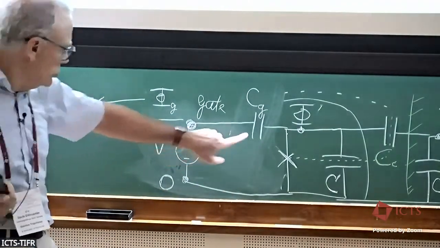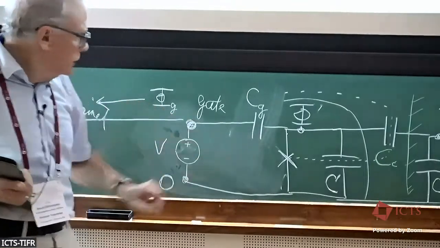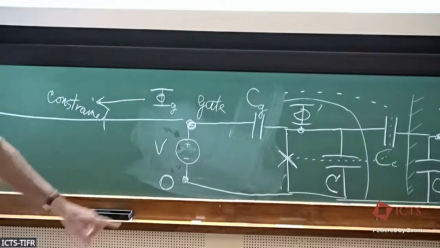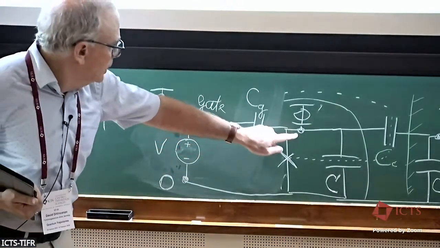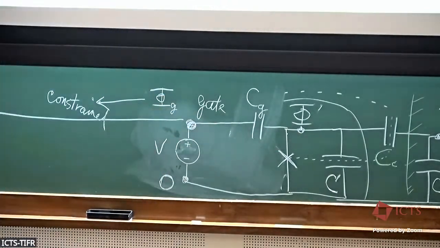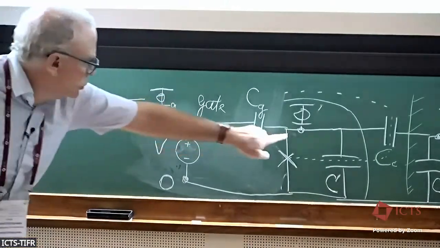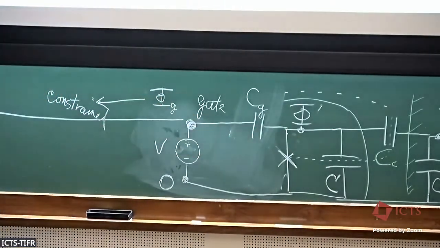the way you use this is you say this Cg does contribute to the energy in the usual way that capacitances do, and its contribution at the Lagrangian level involves the time derivative of the branch, a time derivative of the difference of the phi's between this node and this node. So phi prime minus phi g. But time derivative.